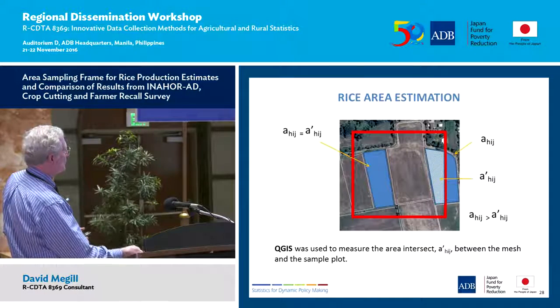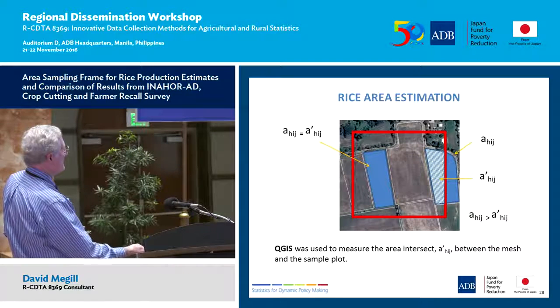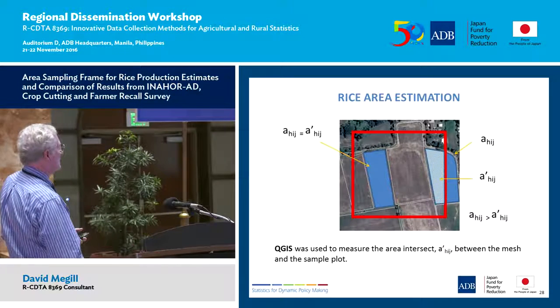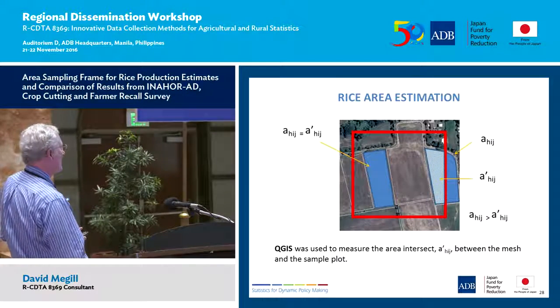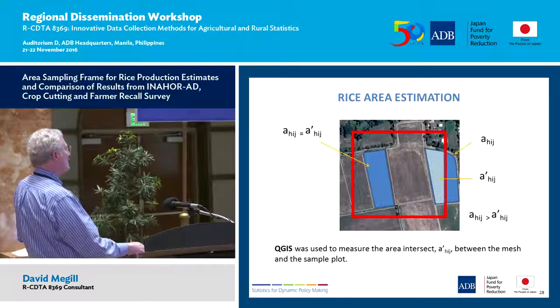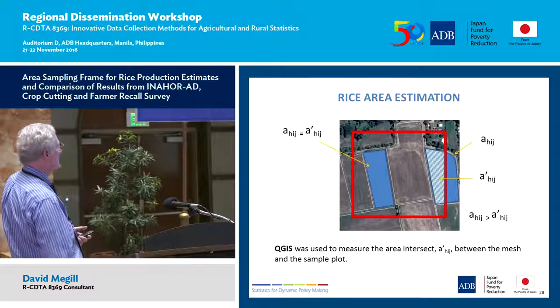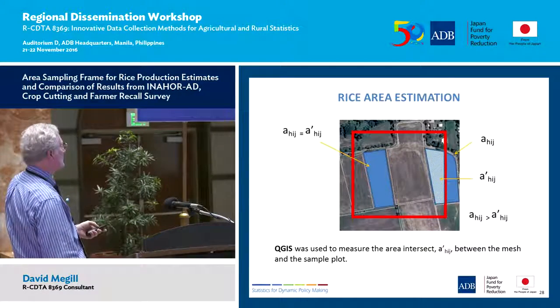And so the intersect is the part that's inside here. And that was used to adjust the weight. And again, QGIS was used to measure the area intersect of the part that's inside the sample mesh.